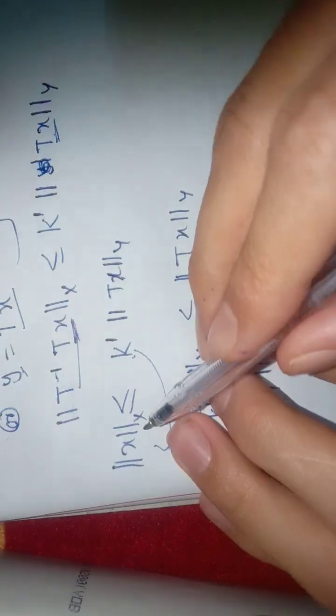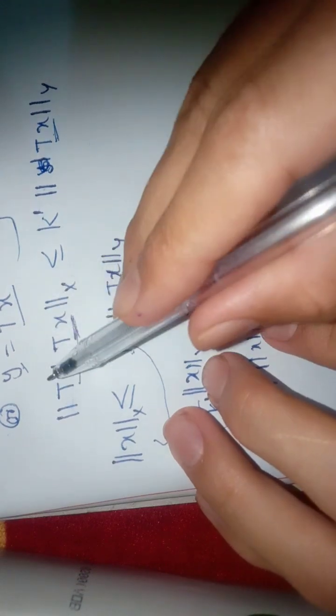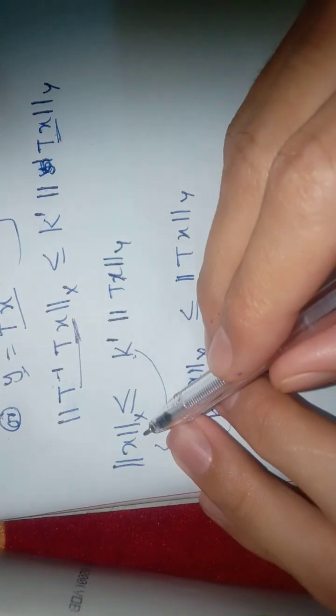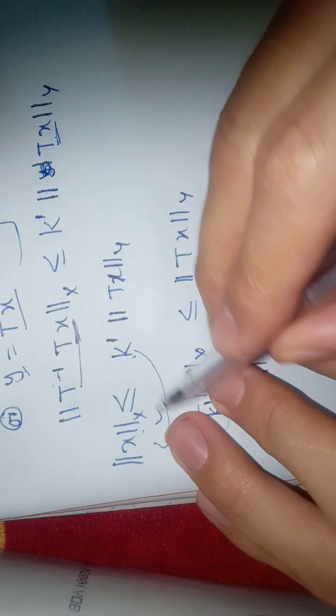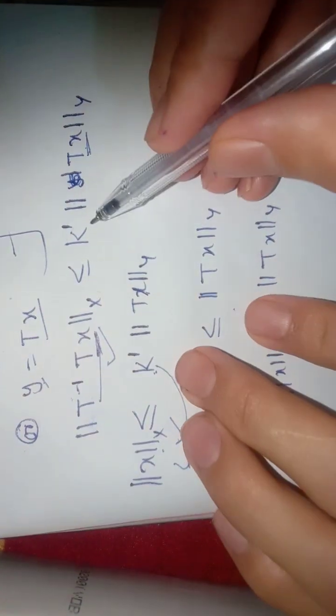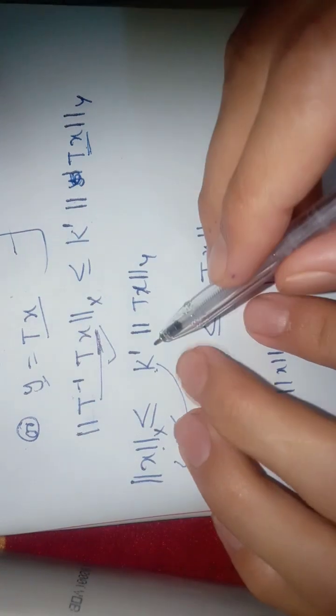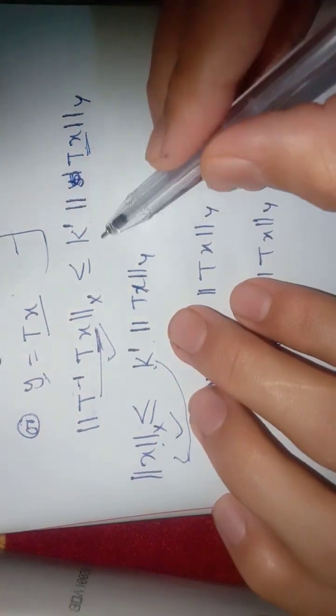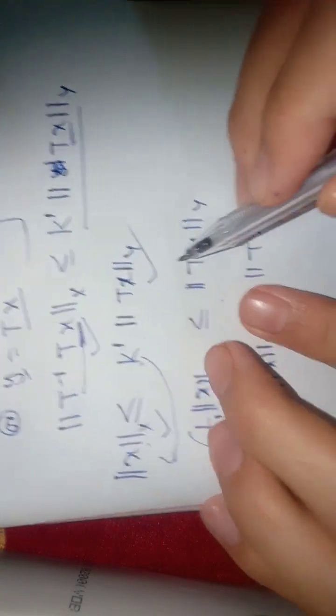So since this is equal to norm of x by the properties, and k dash is less than or equal to k dash, the remaining part is similar.